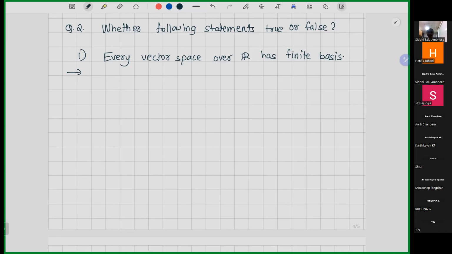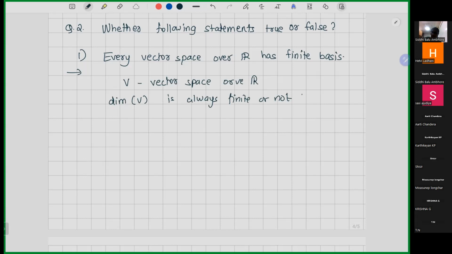What they are saying is that V is a vector space over R. Then what I am asking is whether the dimension of V is always finite or not. Or it is asking that it has a finite basis, meaning the cardinality of the basis is finite.